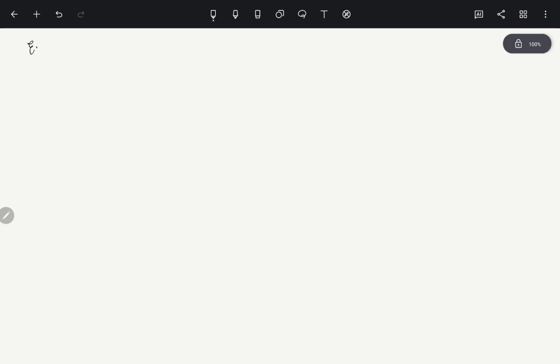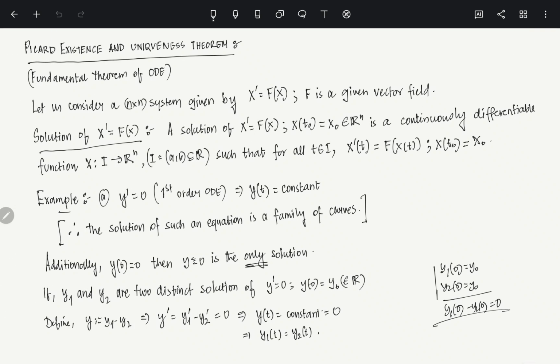So the question is this. If I am putting an initial value, please remember this: the existence theorem holds for an initial value problem. Very, very important: initial value problem.